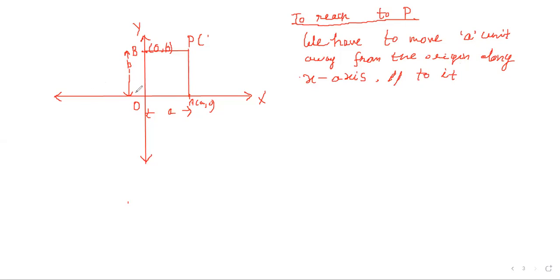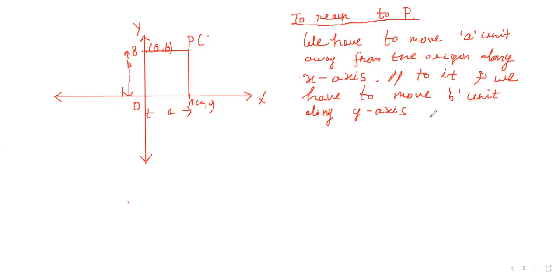Parallel to it means not on the x-axis, only along the x-axis, to reach P. And one more thing, we have to move b units along the y-axis.